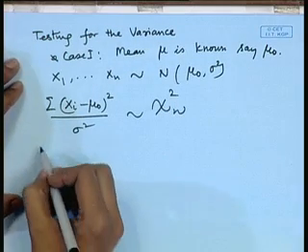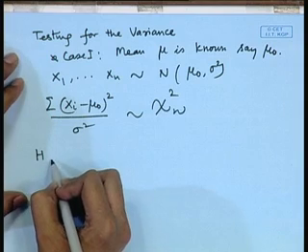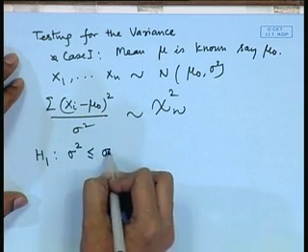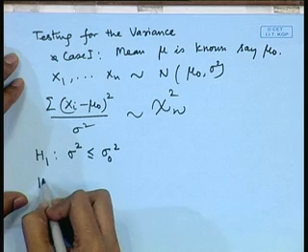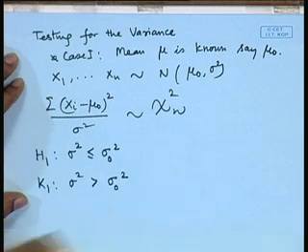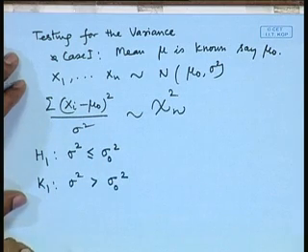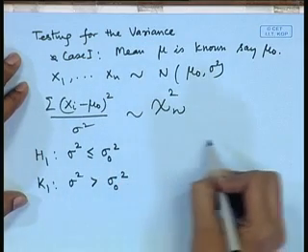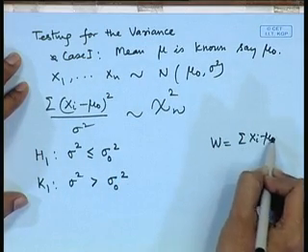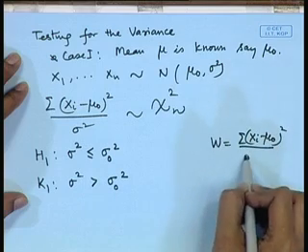So, we may look at the hypothesis of the form H naught: sigma square less than or equal to sigma naught square, against K1: sigma square greater than sigma naught square. When sigma square is equal to sigma naught square, we may consider summation of xi minus mu naught square by sigma naught square.